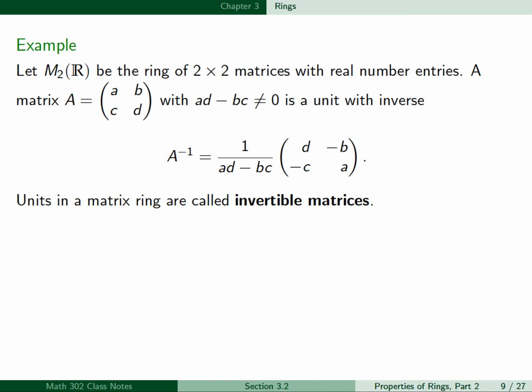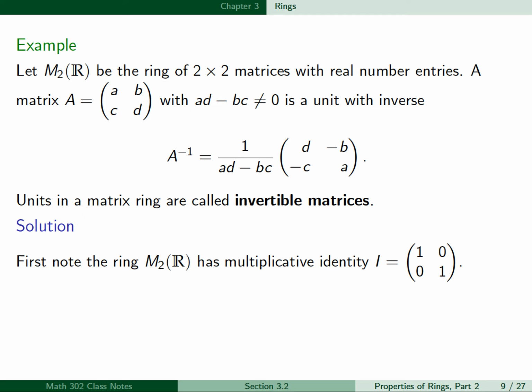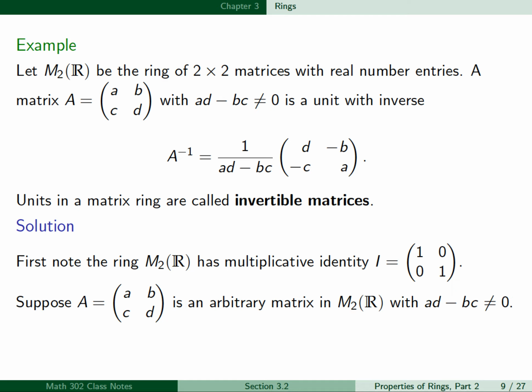Units in a matrix ring are called invertible matrices, and we can prove this. But first note that the ring M sub 2 of R has multiplicative identity. The identity matrix has entries 1, 0, 0, 1. And so let's suppose that A with entries a, b, c, d is an arbitrary matrix in M sub 2 of R with determinant ad minus bc not equal to 0.